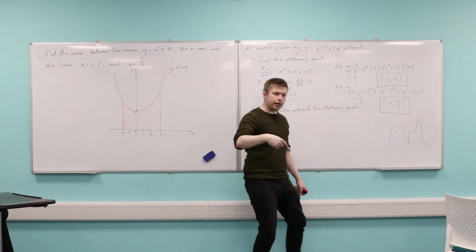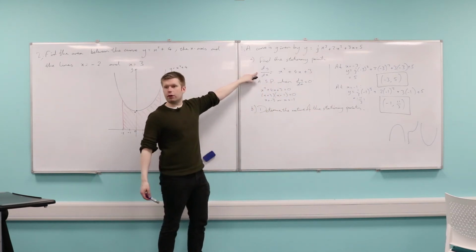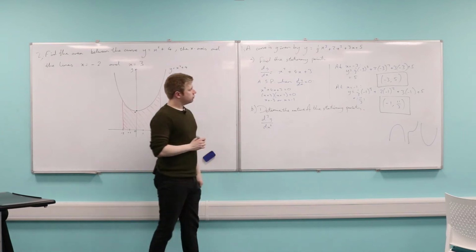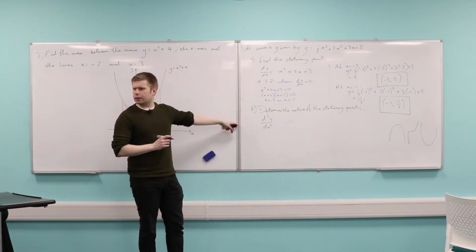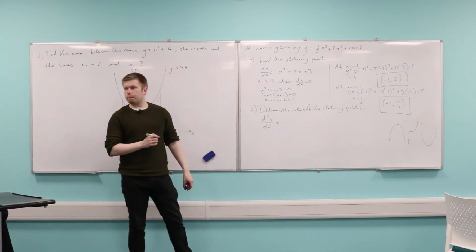So we need to find the rate of change of the gradients. In other words, we need to differentiate the gradient function, which we write like this, d2y over dx squared. So if we differentiate the gradient function, what do we get?